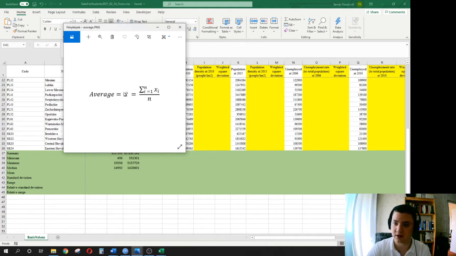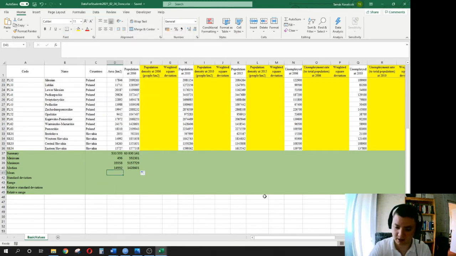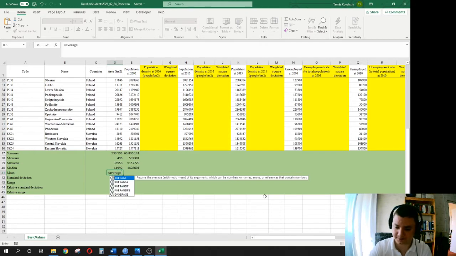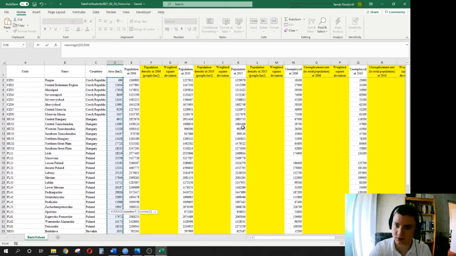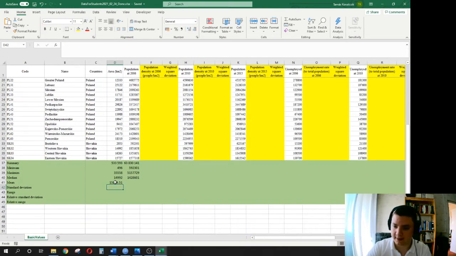Okay, and assign it with a line on top of the dataset value or sign. We have an average function in Excel also, and mean. We have the average for the area, square kilometer, and the population as well in 2006.